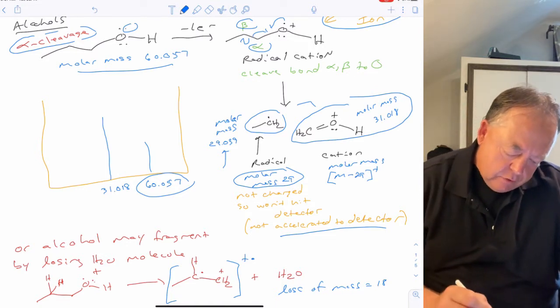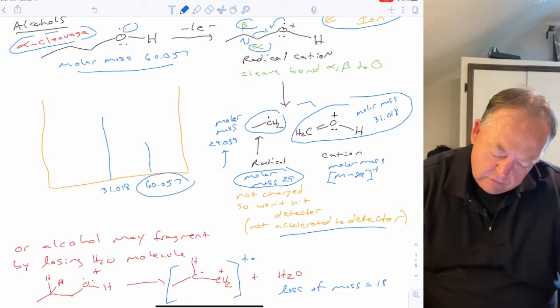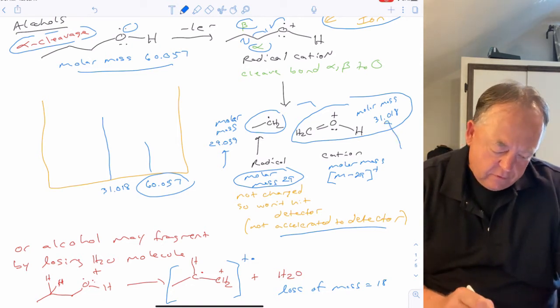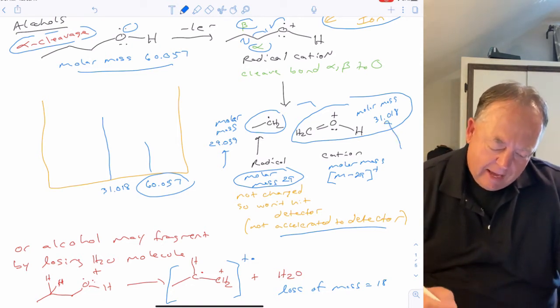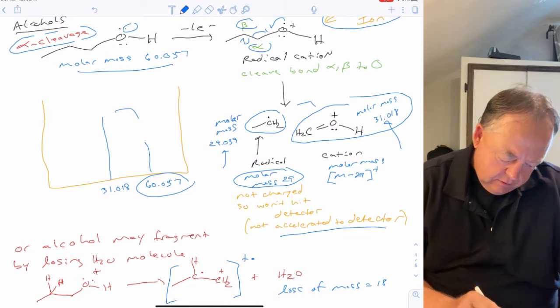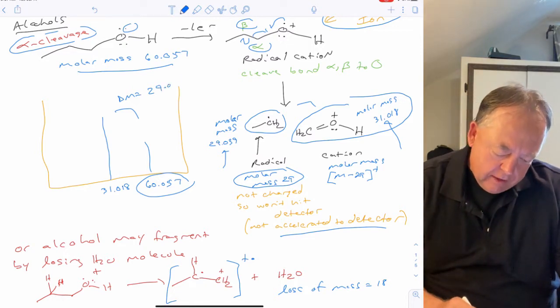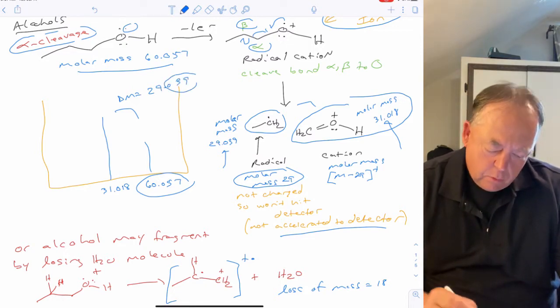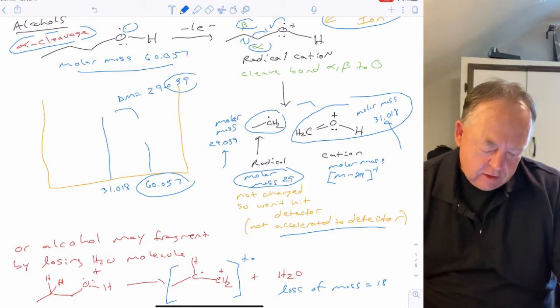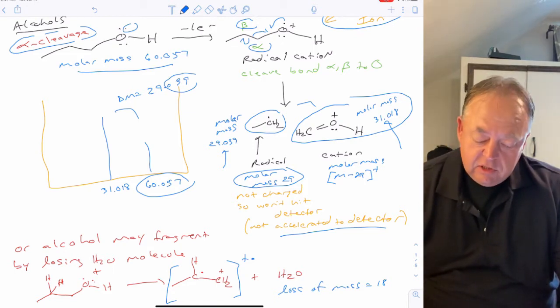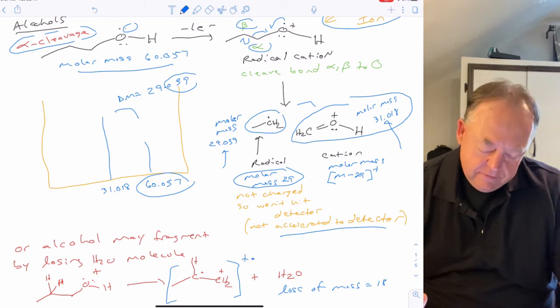So you would see the peak at 31.081 for the fragment, and the mass difference would be the 29.039. Of course, how many decimal places you get the mass to depends on how expensive a mass spectrometer you have.